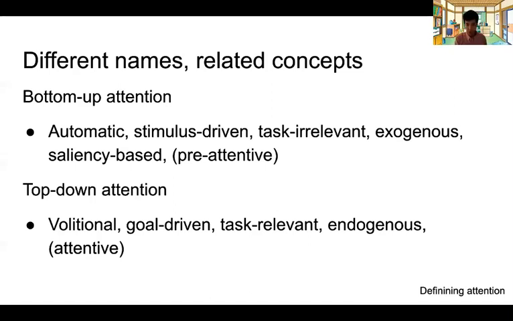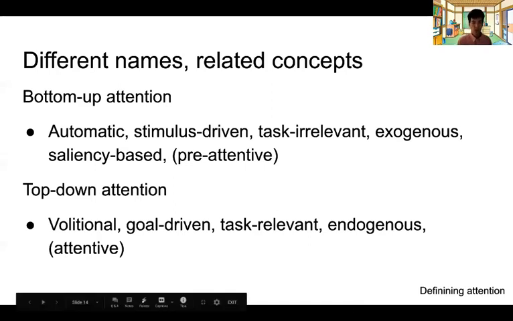So if you are doing some kind of task, anything in the visual field that is relevant for your task is attended, in a sense. And endogenous is the dual to this exogenous component. You drive the attention by your own internal mechanism. And then in contrast, pre-attentive, it's sometimes called attentive, okay?